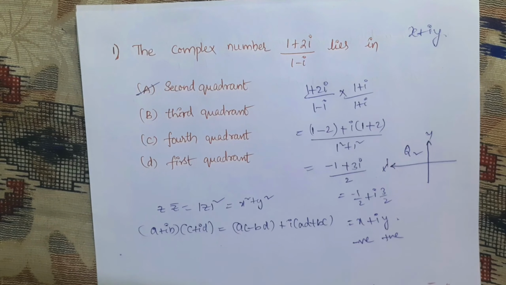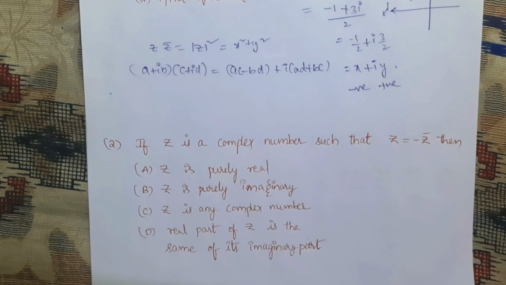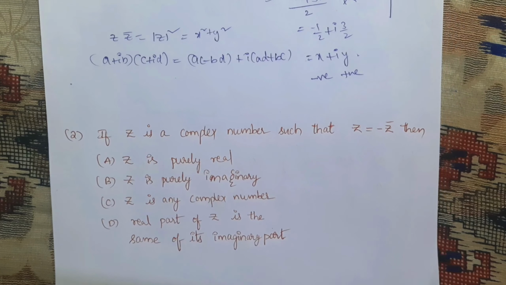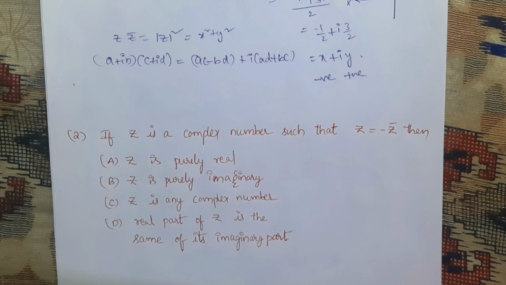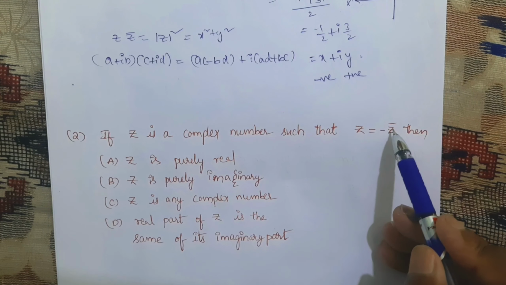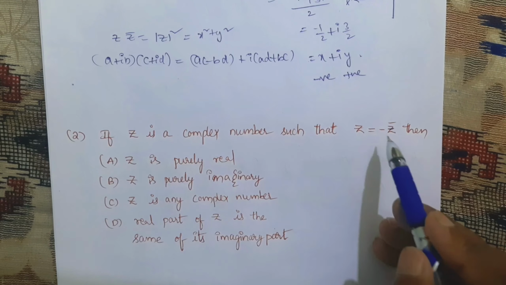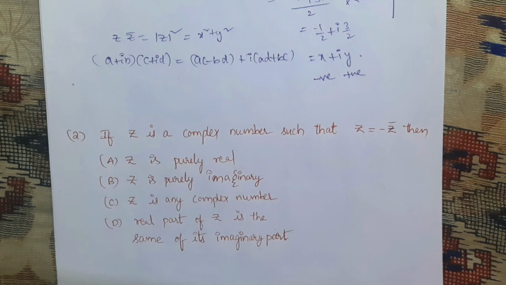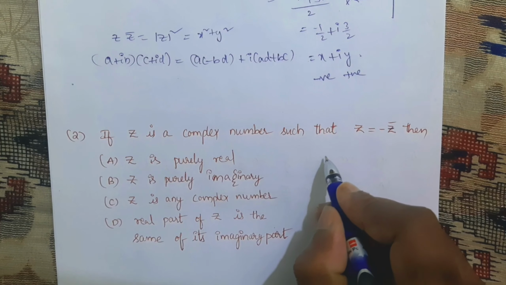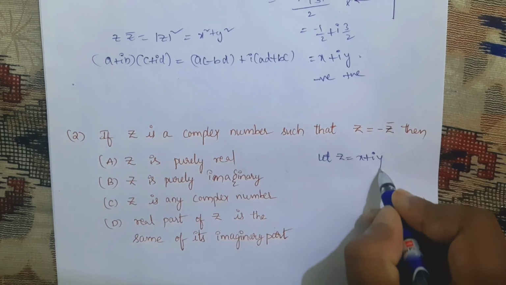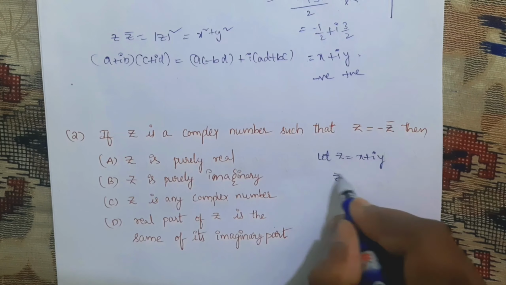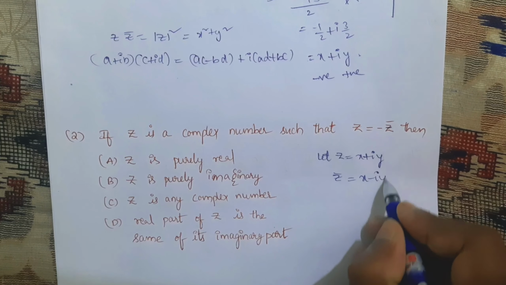Next problem: if z is a complex number such that z is equal to minus z bar. Here this z bar is nothing but the conjugate. Then what about z? Let z be equal to x plus iy. Then z bar is the conjugate, x minus iy.